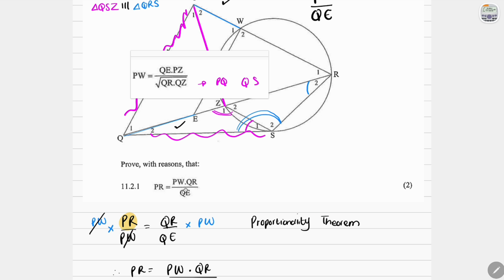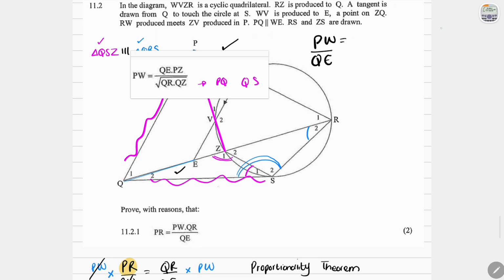So that part we can probably still sort out. Okay, so if we were rewriting this, we can write it as PW over QE, and then it's going to be equal to, we still have PR on this side. When you try to take the QR over, because it's in the numerator, it will go to the denominator. And so this would be equal to PR over QR. That's what we would have there.